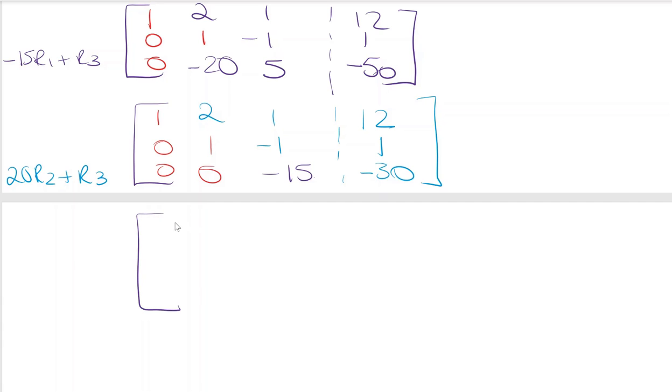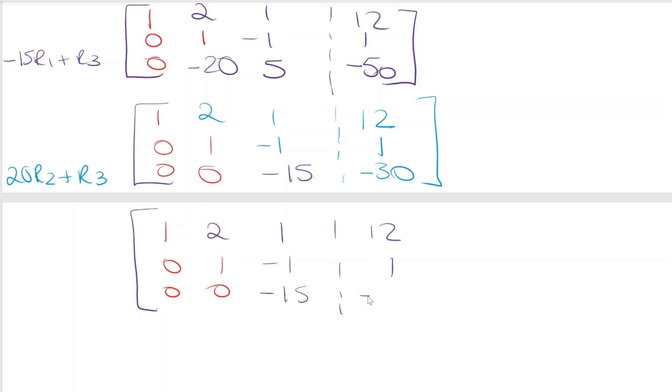So let's put that back in color. So we have 1, 0, 0, 1, 0. 2, 1, 12. Minus 1, 1. Minus 15, minus 30. And we're going to get rid of this minus 15. So how can we do that?